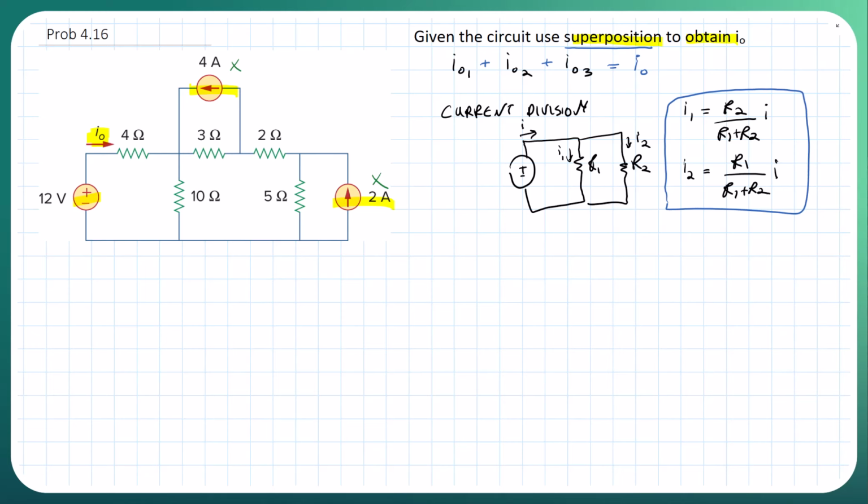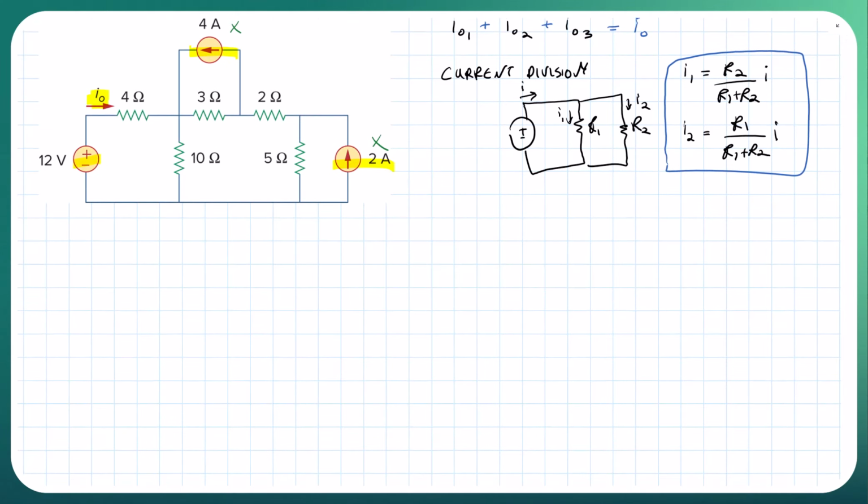So let's go back to this problem. We want to redraw the circuit. Let me redraw it a bit better. I want to keep my voltage source, but now we get rid of the 4 amps, so that's going to be an open circuit.